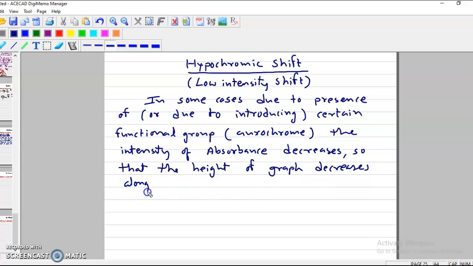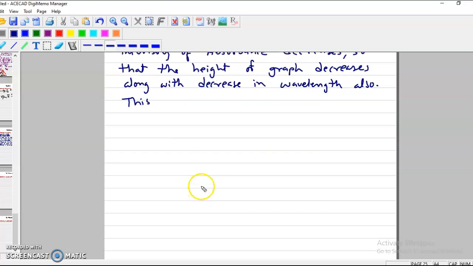Along with decreasing, the wavelength also changes. This is known as hypochromic shift.